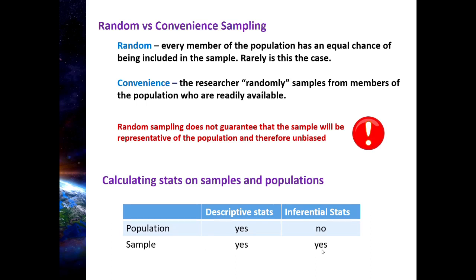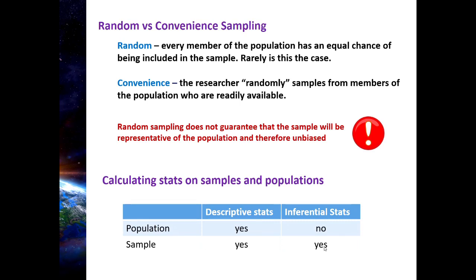So did you hear that? Inferential statistics use sample data. So absolutely, positively, you can calculate inferential statistics on sample data. That's what inferential statistics do. They take that sample data and they tell you something about the population. All right? Only probabilities, though, not truths.